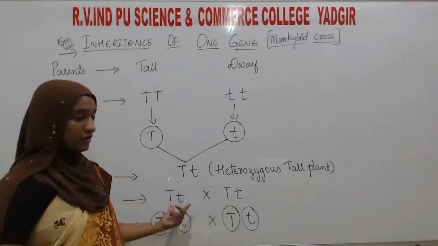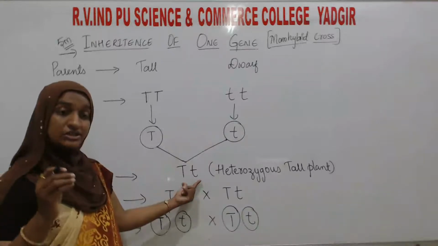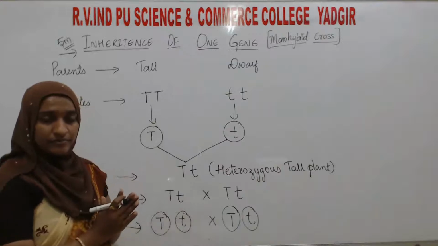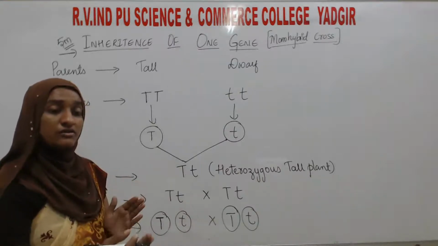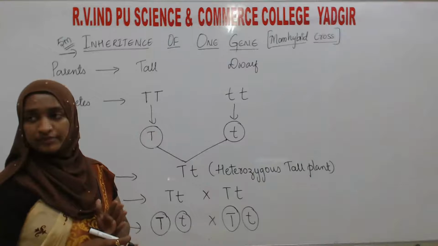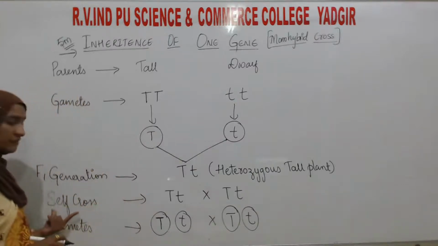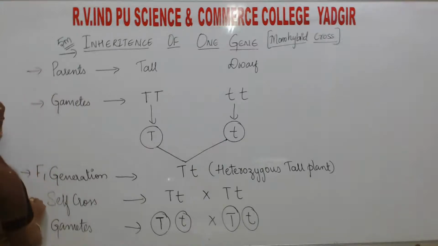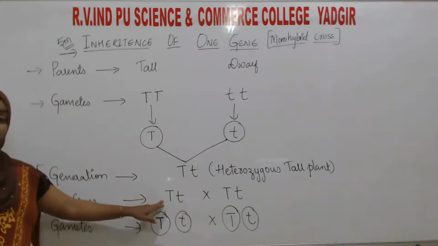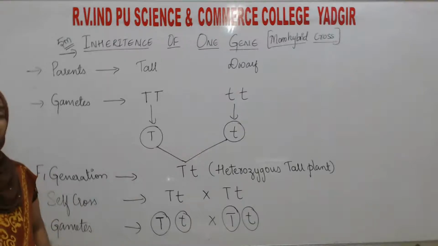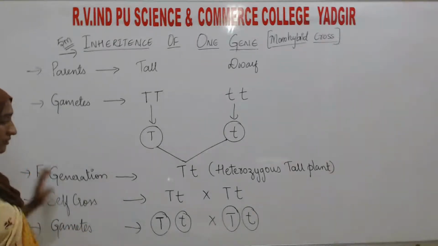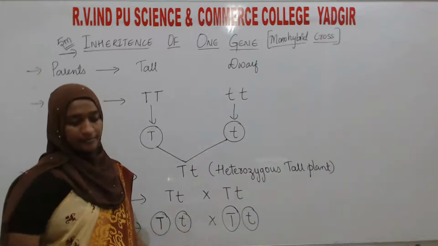Okay, parents means whatever offspring we got in the F1 generation, we are taking that plant and again we are going to cross it with the same type of plant. That we are calling the self-cross. First parents, gametes, F1 generation, self-cross. Those parents are going to produce the gametes, which can be represented in this way.